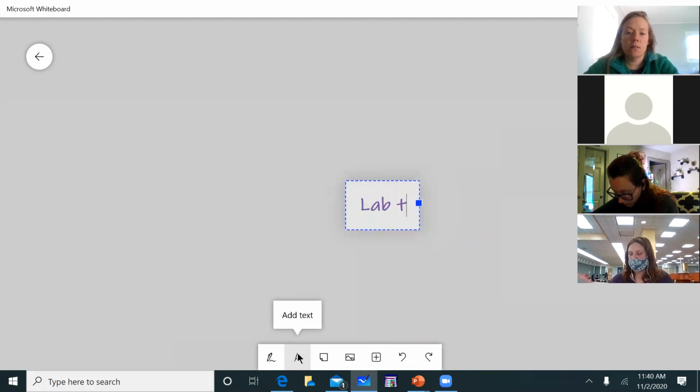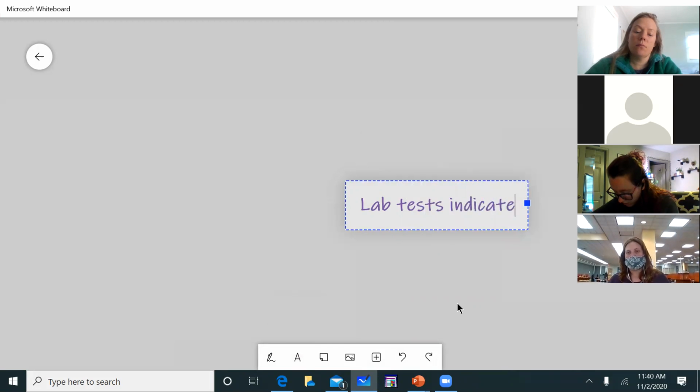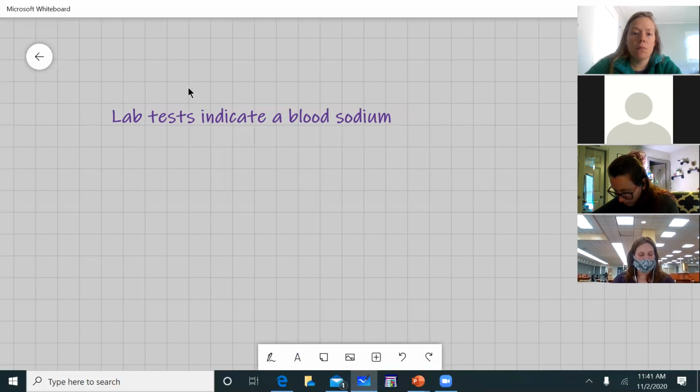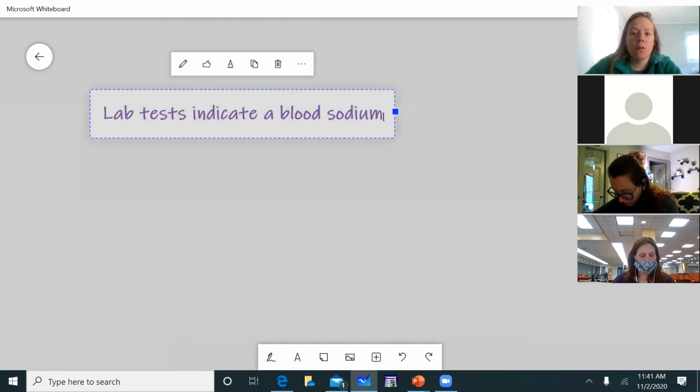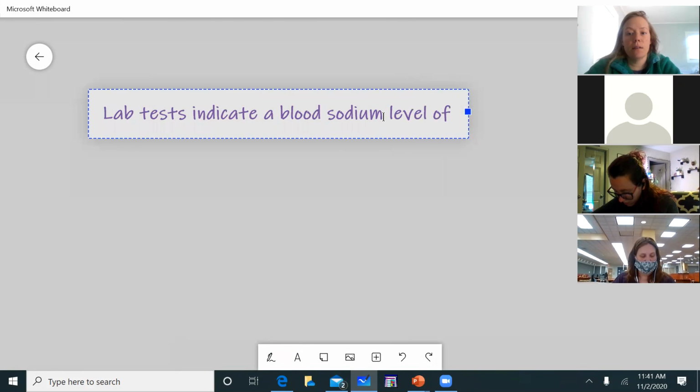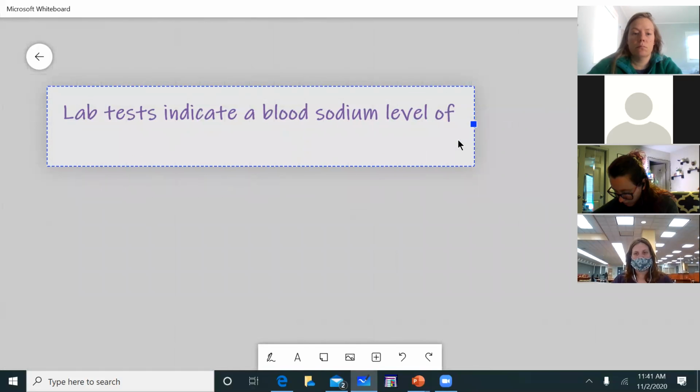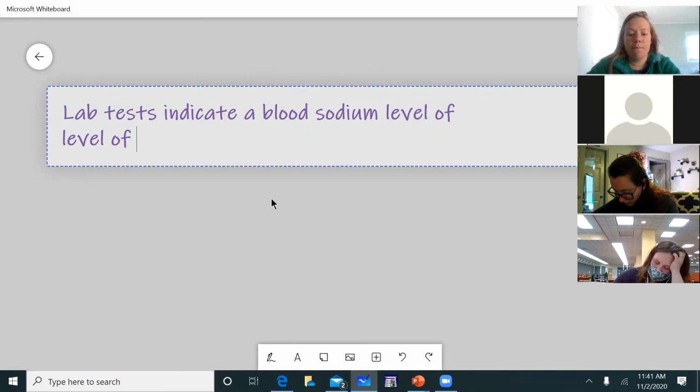Okay, so lab tests indicate a blood sodium level of 5.3 equivalents per liter. Well, let's change that. I'm going to say that's a high amount.